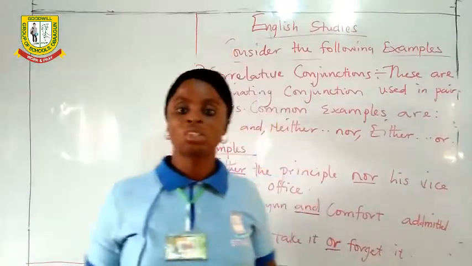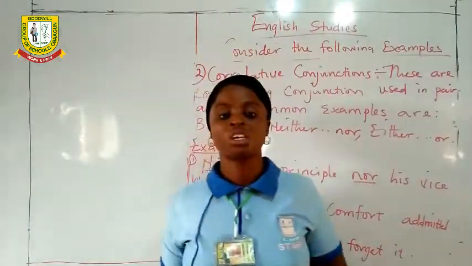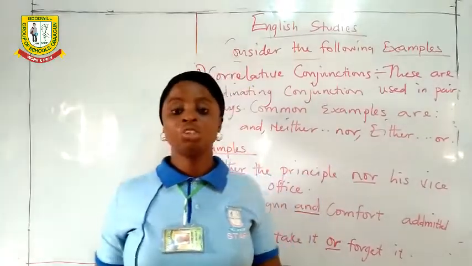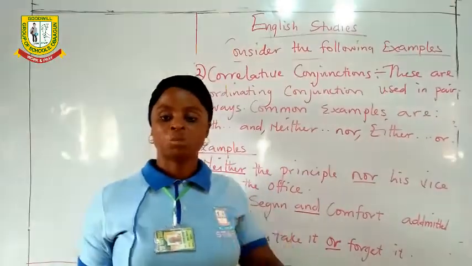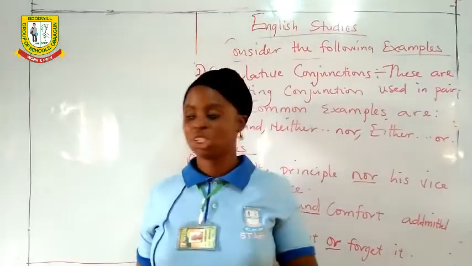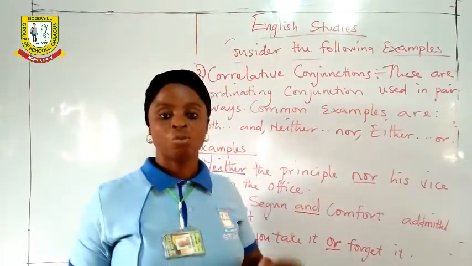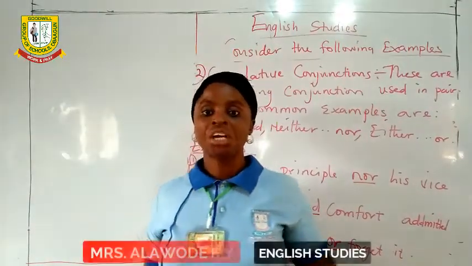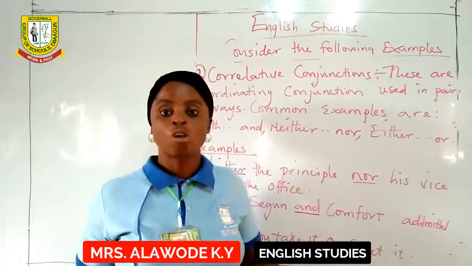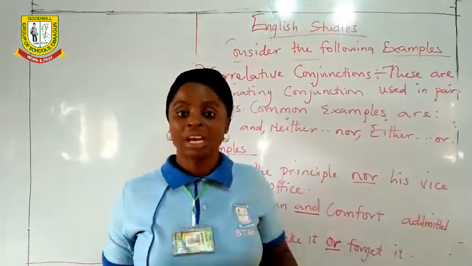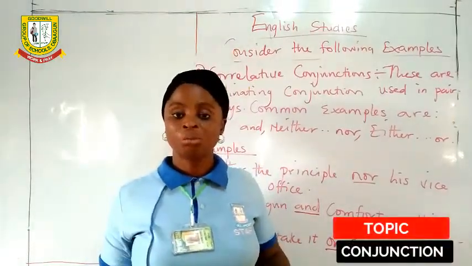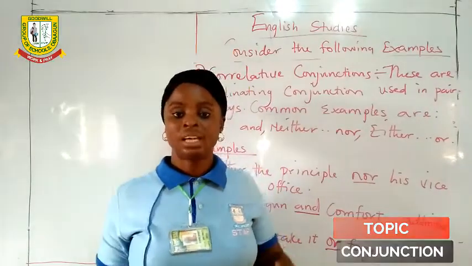So on this note, I've explained the topic, the use of conjunction. I have explained the meaning of conjunctions to be a word used to join words or groups of words together to show relationship between them in a sentence.